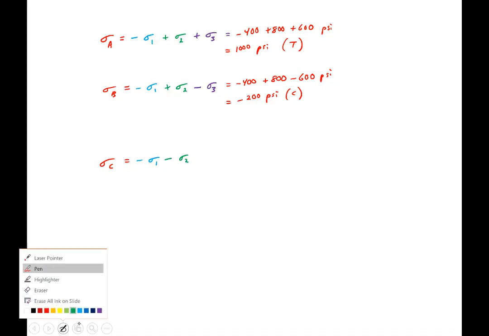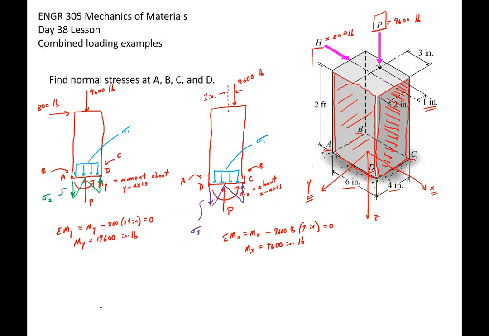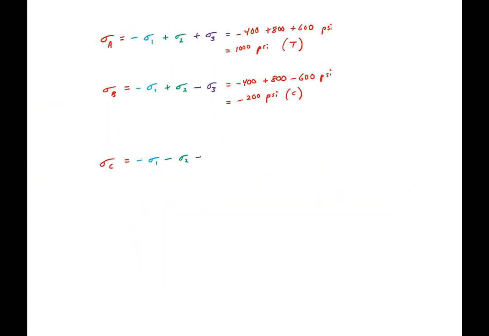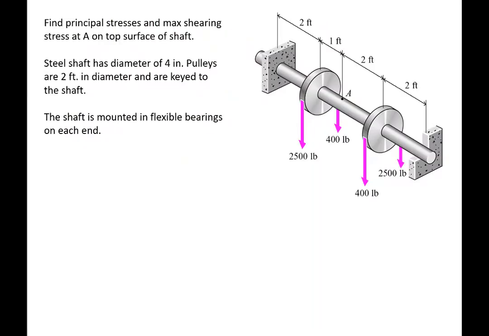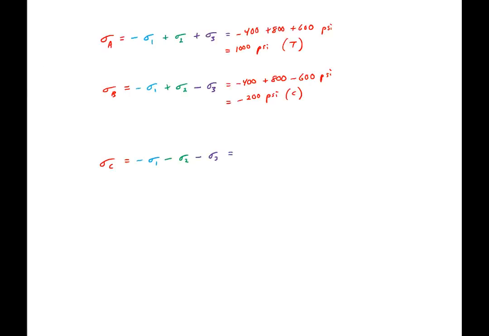And let's look at what we'll get from sigma 3 for point C. I'm over here on the side of the member where I have a compressive sigma 3, so that's also going to be a minus sigma 3. So let's put that down: minus 400, minus 800, and minus 600 psi. That's going to give us minus 1800 psi. And again, because that's negative, we're in compression.